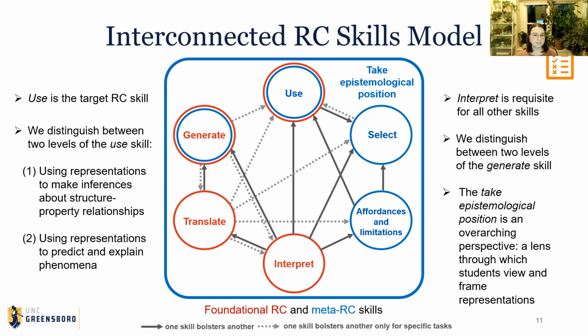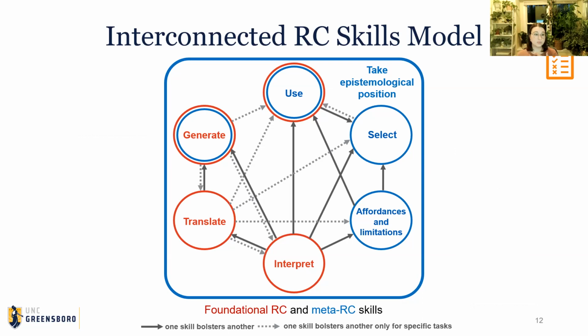We think of it as a lens through which one views representations. So we position this as a frame or overarching perspective around our model. So those are the fundamentals and basics when it comes to the model. And we do not presume that our refined model is perfect. This model's birthday was June 2nd, 2022.